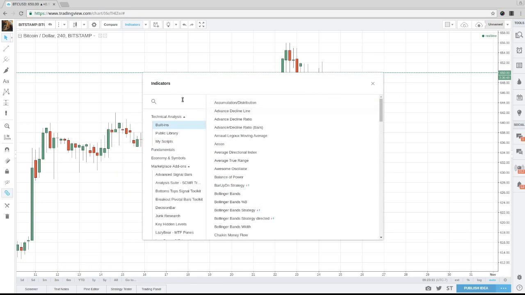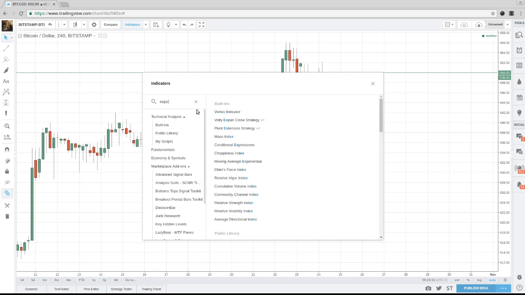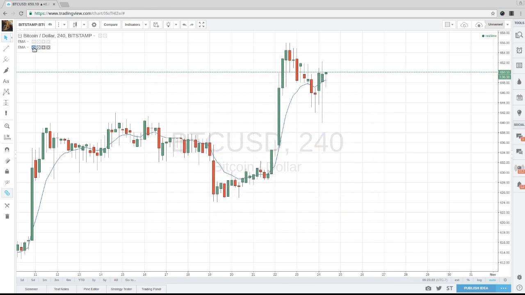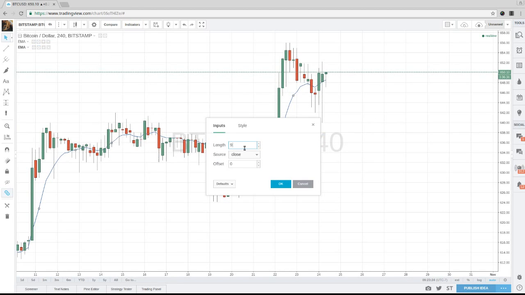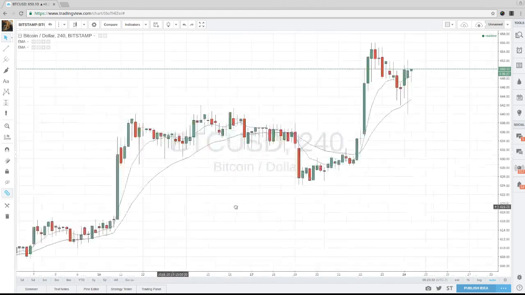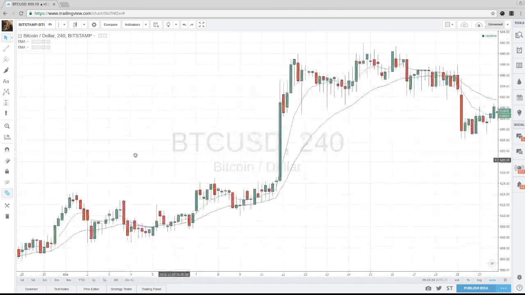One of the most common ones, and you have a search here, is moving average exponential. I'll add just 2 of these, and I will set 1 to 27 so you can see the 2 EMAs, which is shorthand for exponential moving average.